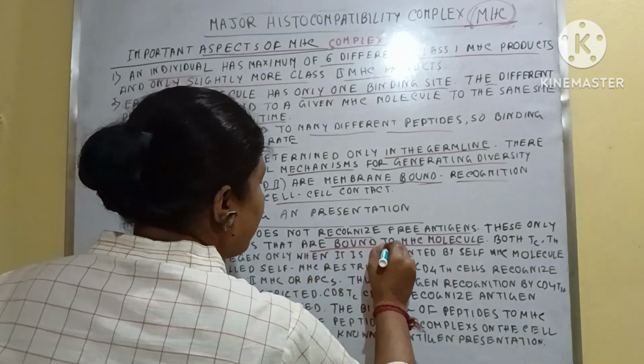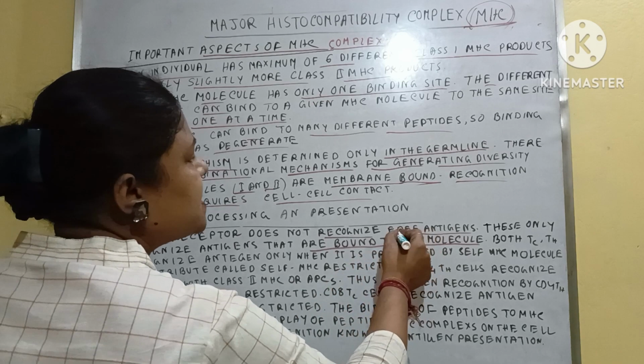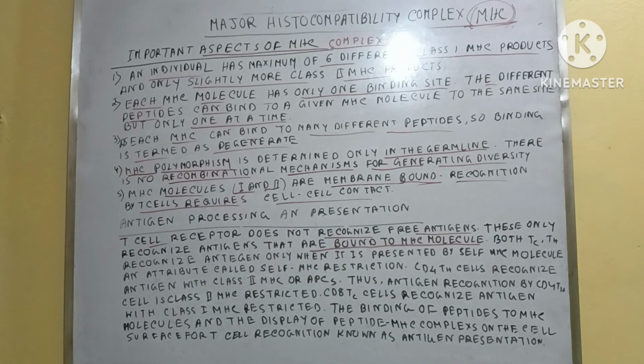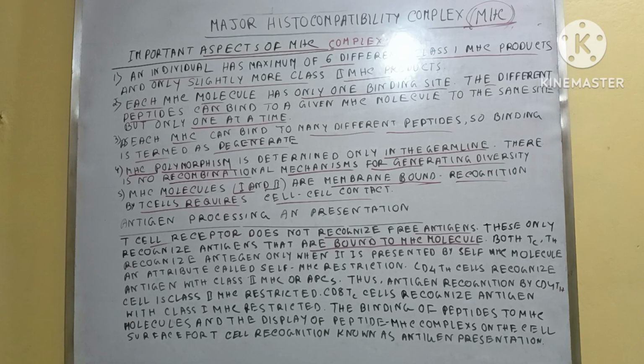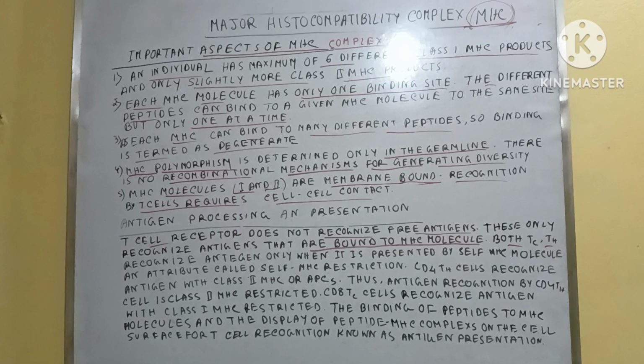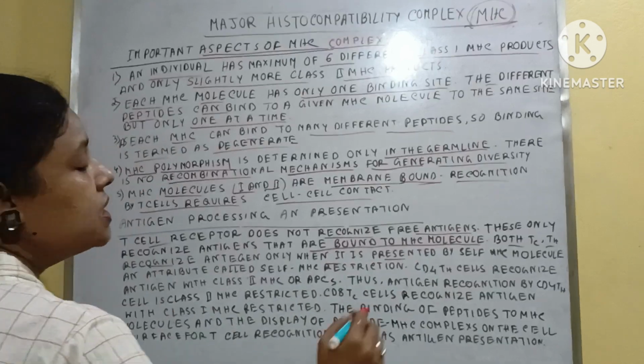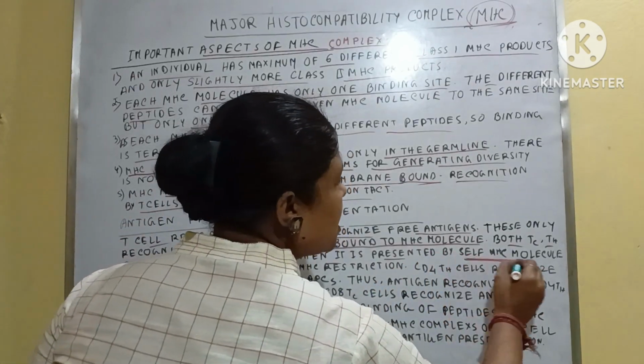Both TC and TH cells can recognize antigen only when it is presented by the self MHC molecule.